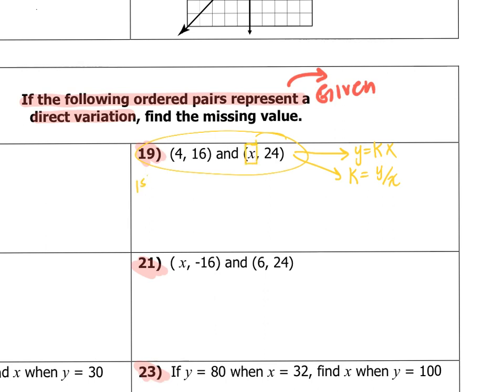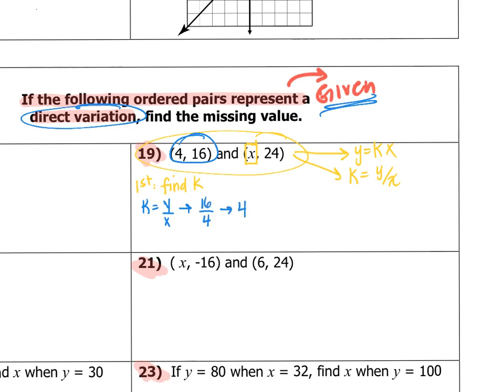Well, first, you want to find k. Remember that because they said it is a direct variation, we don't have to check if it is. It was given. First, find k, which is the same as y over x. And in this one, we can find k to be 16/4.